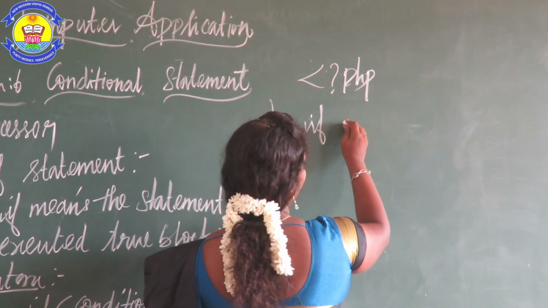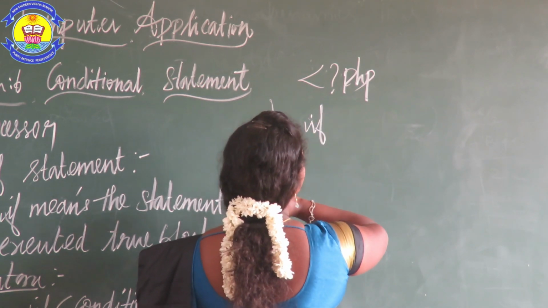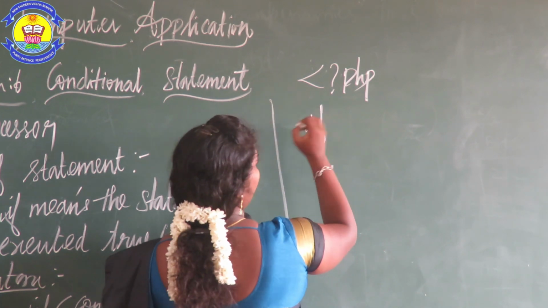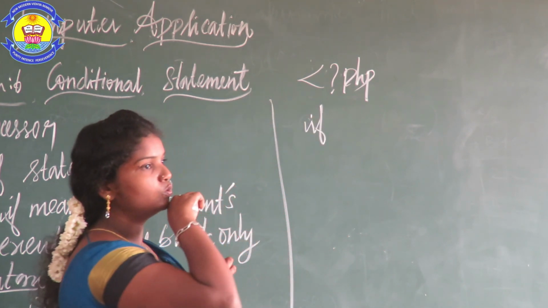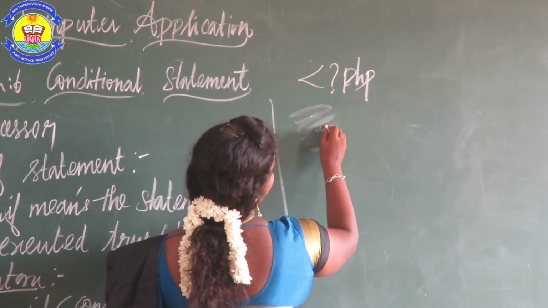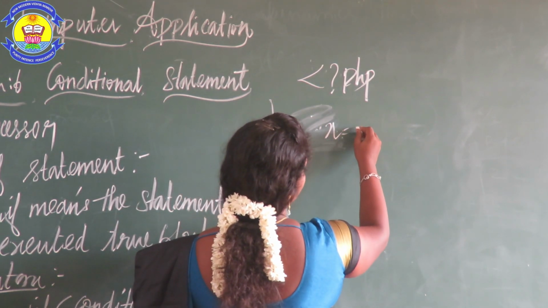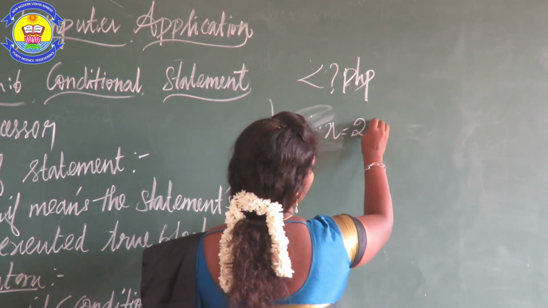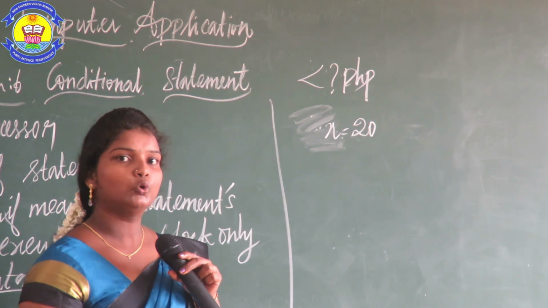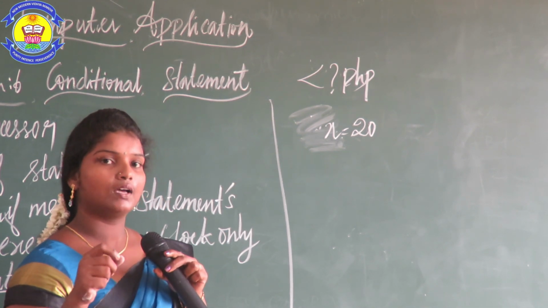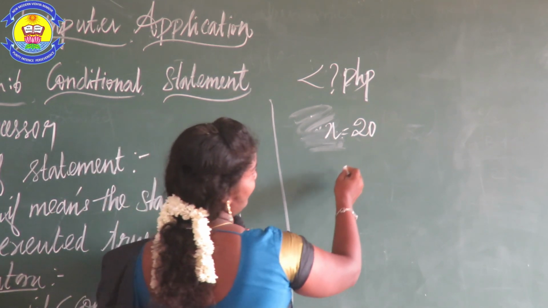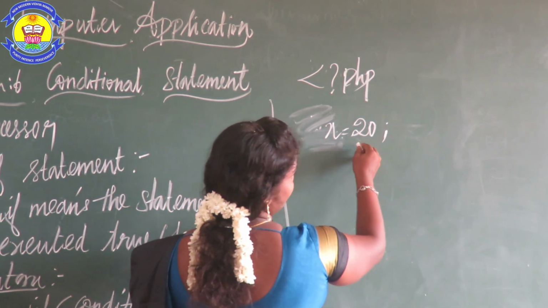If I'm going to give a condition, first I'm going to give a value. Now listen. I'm giving the value 20, because 18 age is eligible to put on vote. So I'm going to give the age as 20.